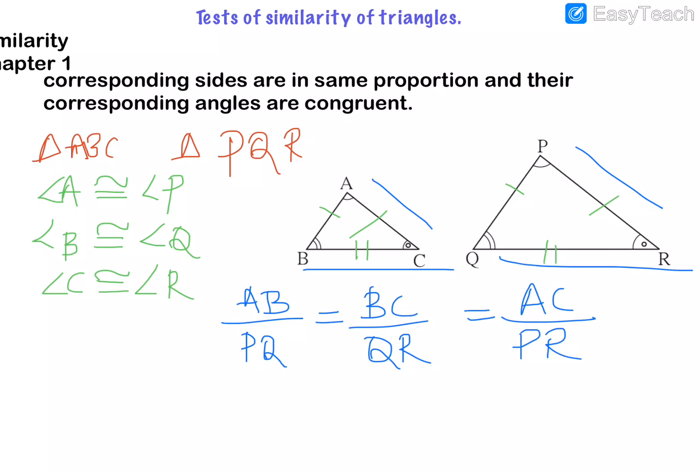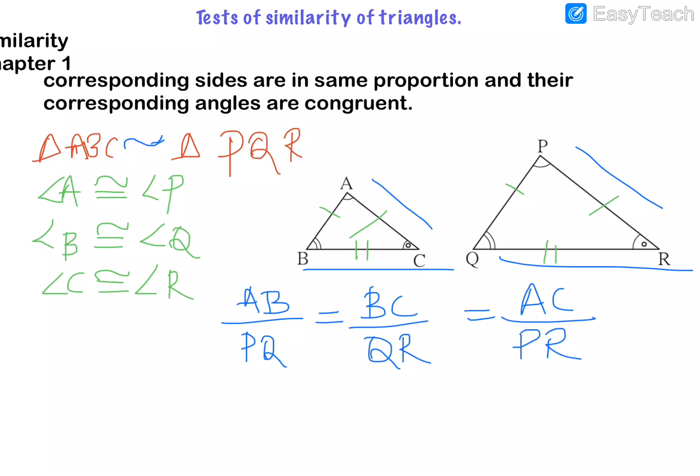If we find that all three corresponding sides' ratios of the two triangles are equal and all the angles are congruent, all the angles are equal, then we can say that triangle ABC is similar to triangle PQR. The symbol for writing similarity is used to write the similarity of the triangles.